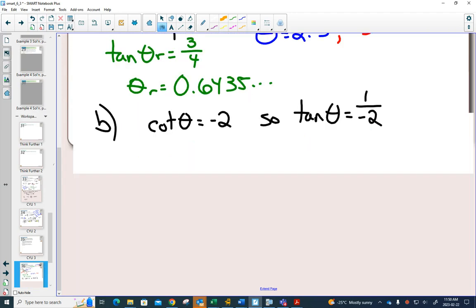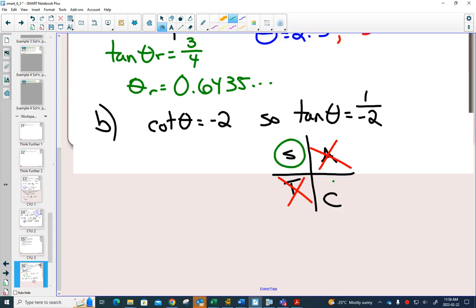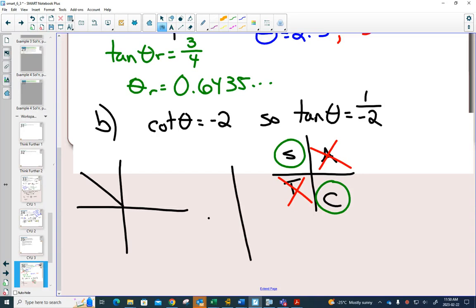If I have tangent equals 1/2, next I would think about my CAST rule and say, if tangent is negative, it can't be in quadrant 1 and it can't be in quadrant 3. So tangent is negative in quadrants 2 and 4. And I can draw a picture of the angle in quadrant 2 and draw a picture of the angle in quadrant 4.